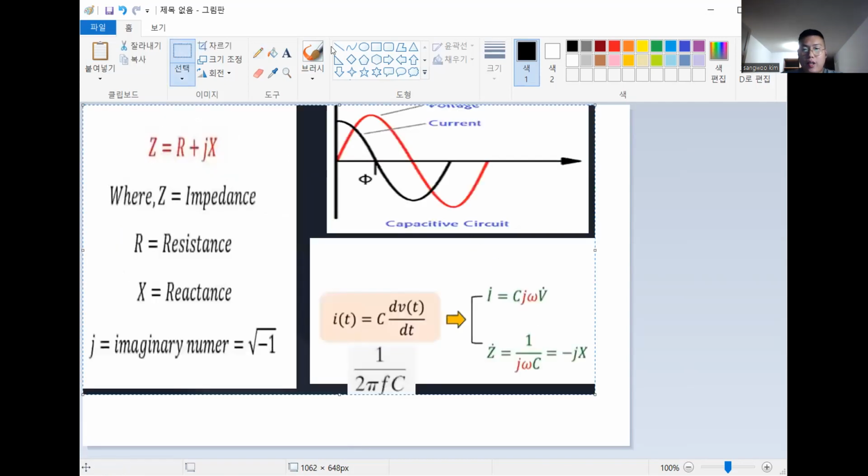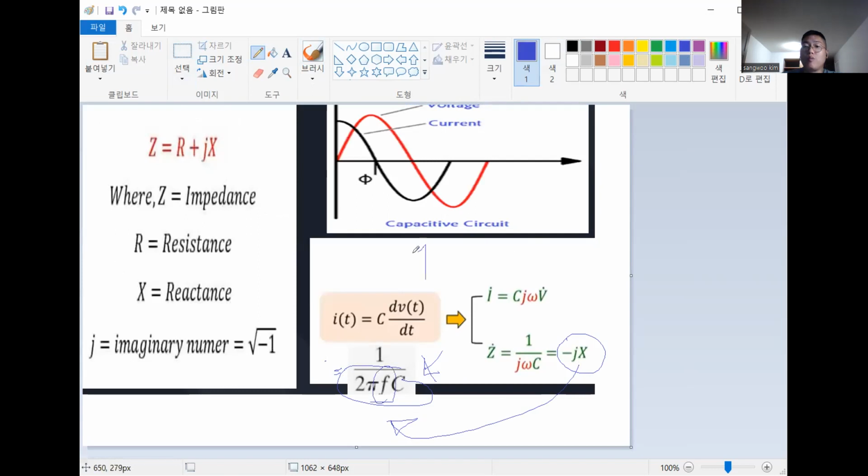And look at that. From this equation, as you can see, 2πfC, the reactance, minus jX, is inversely proportional to the frequency.